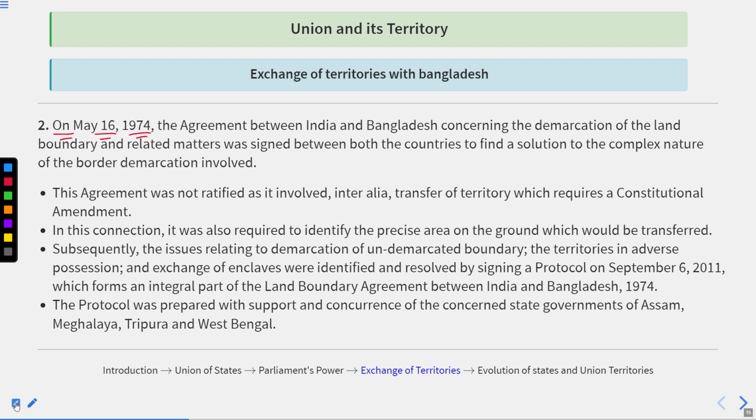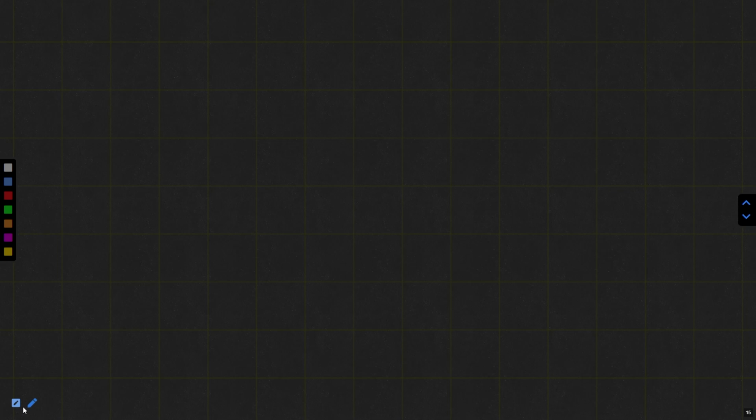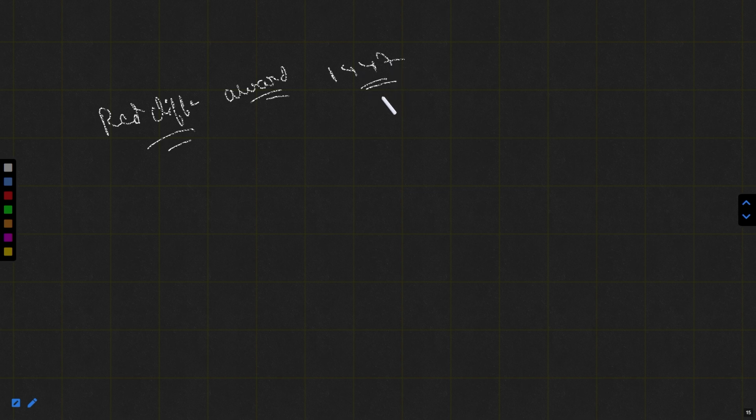So basically, if we talk about the division of India and Pakistan, the boundaries were set by the Radcliffe Award of 1947. Radcliffe was the British officer who was appointed. He was basically an advocate, appointed to divide India and Pakistan.